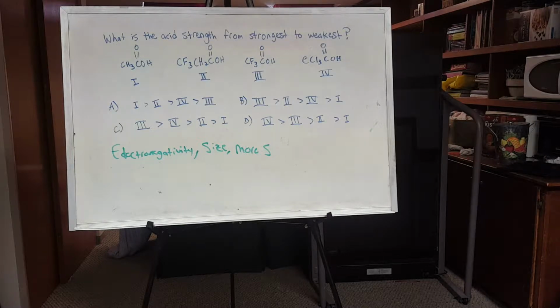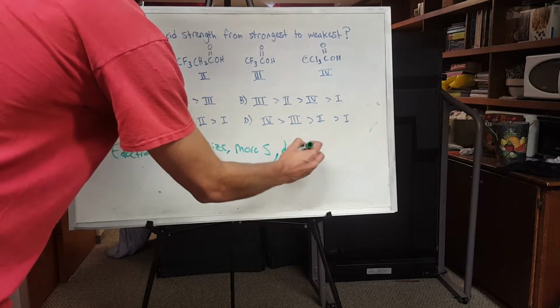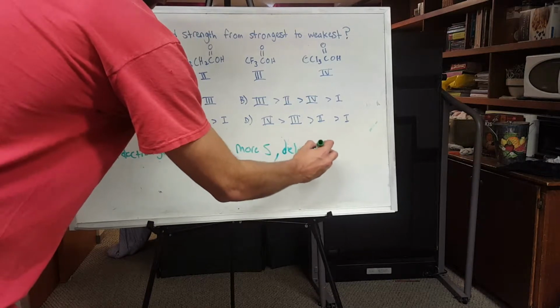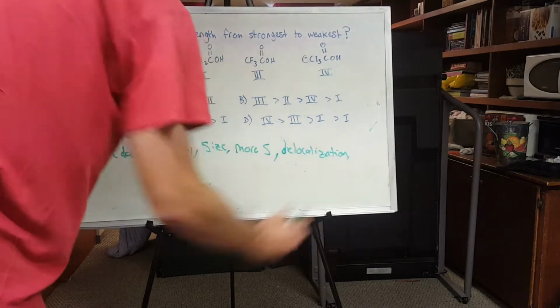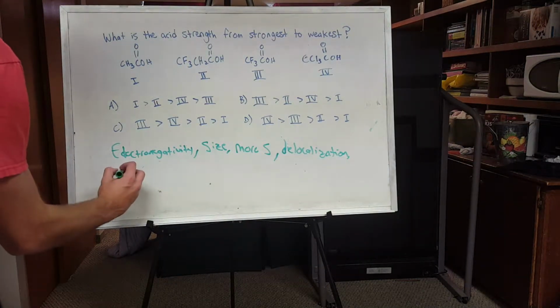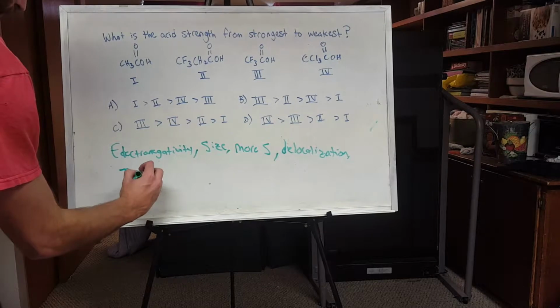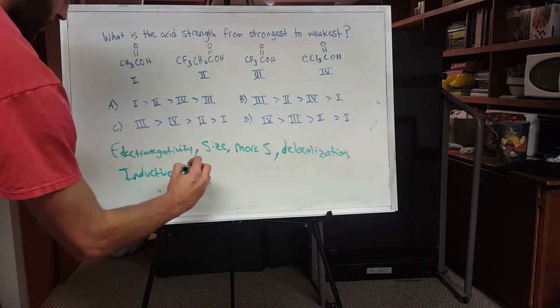So let me think what else. Electron delocalization, right? Resonance. That will stabilize the conjugate base, increasing the acidity. And for this problem specifically, we care about inductive electron withdrawal.